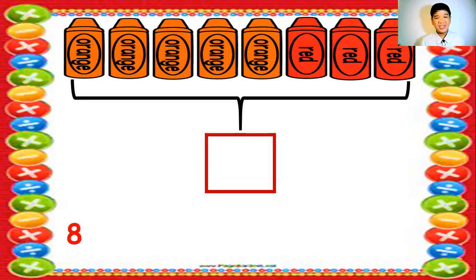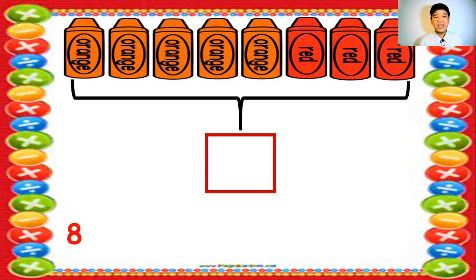So the question is, how many crayons do we have altogether? Let us count first the total number of the crayons. 1, 2, 3, 4, 5, 6, 7, 8.